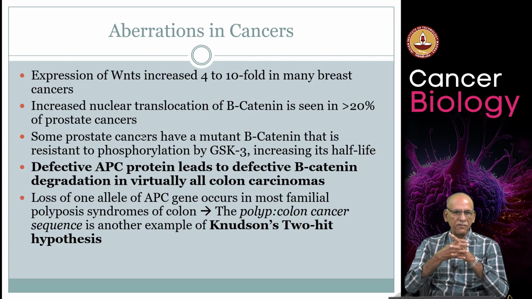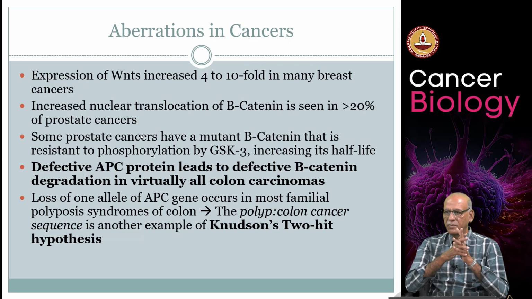People are looking for Wnt inhibitors. Many naturally occurring compounds also act as Wnt signaling inhibitors. Even from our lab, we have published that plumbagin can act as a Wnt signaling inhibitor. So, there are many such chemical inhibitors which are also useful in therapy.